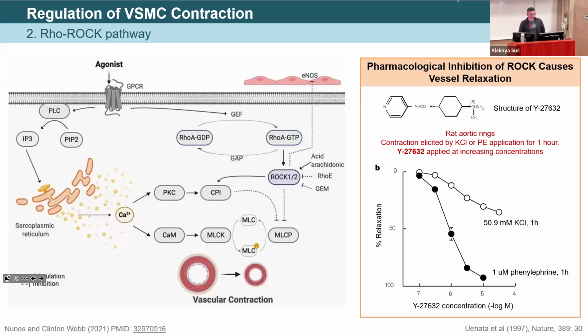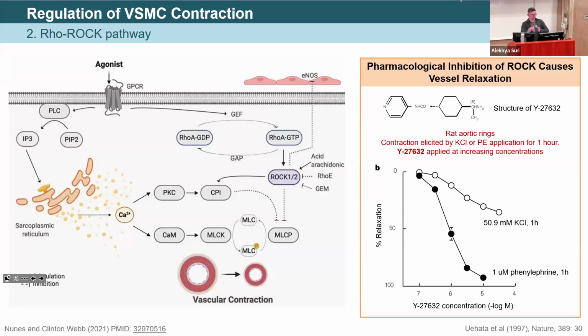So in this graph, what you have is percentage relaxation. This is a normalized measure of relaxation as a function of inhibitor concentration, right? And the concentration is expressed on a logarithmic scale. So what they did was they took the aorta from rats, right?